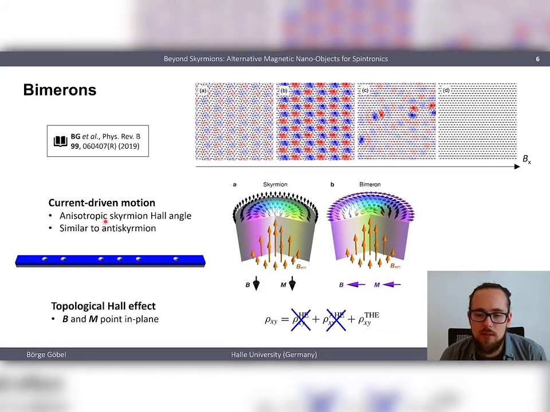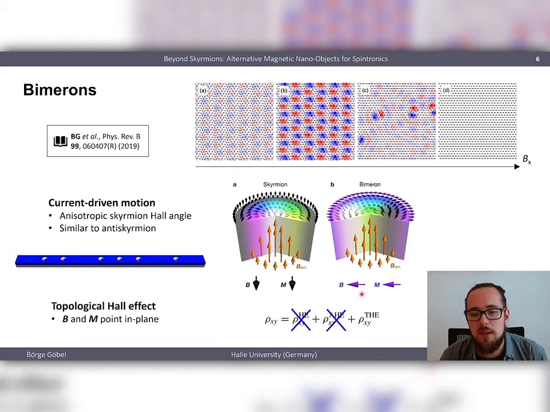And another very interesting effect that I want to mention here is the topological Hall effect. So here I have already discussed that the net magnetization of the bimeron is in the plane, and therefore also the stabilizing field is in the plane. So this means these two vectors are perpendicular to the emergent field of the bimeron.